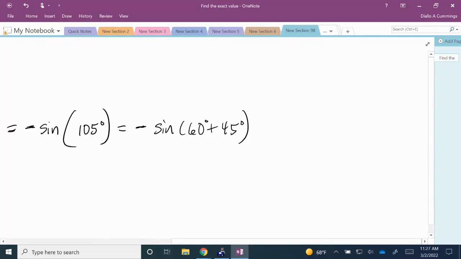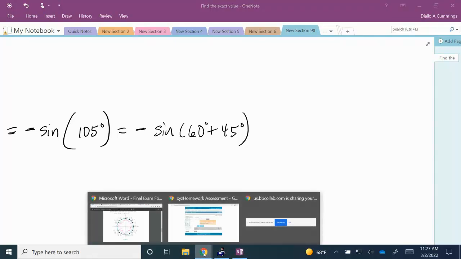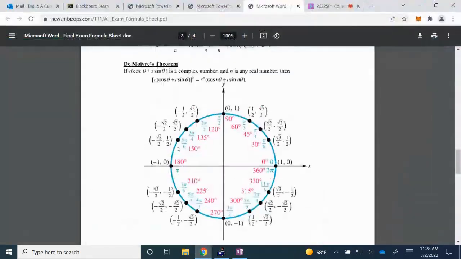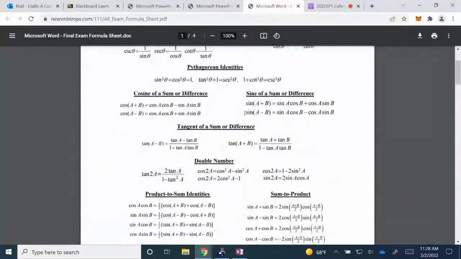So looking at our setup, we're going to use the sum of sine formula. Referring back to our formula sheet, here is the sum of sine formula.